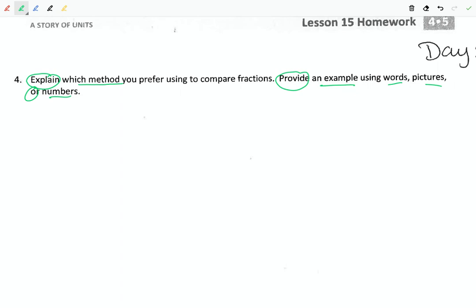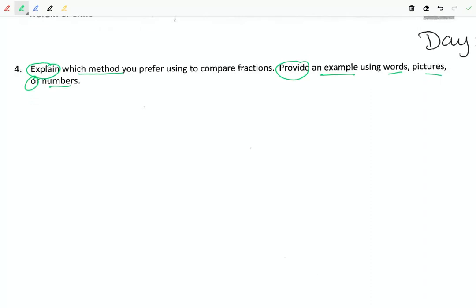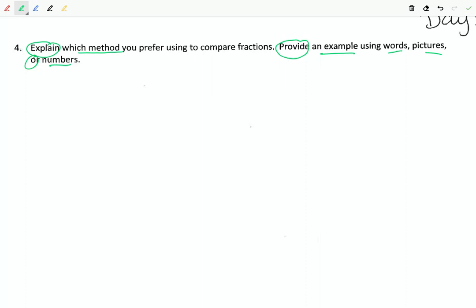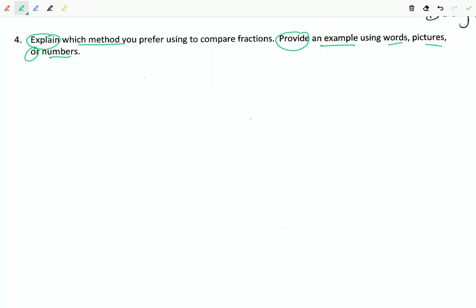So this is going to be, everybody's going to answer differently because everybody prefers different methods. So you're going to say, I prefer to use multiplication to create new fractions with the same denominator, or I prefer to use area models. Whichever method that you prefer, you explain it in here.